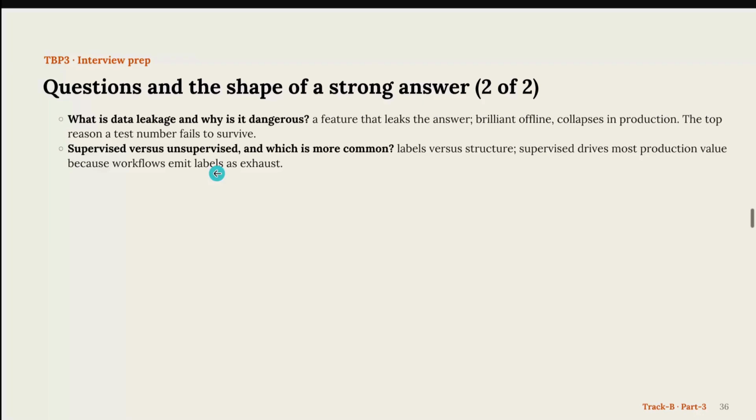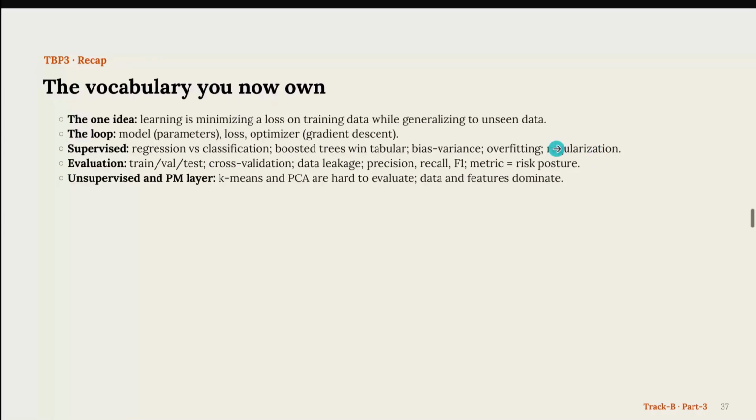Supervised learning, we looked at regression versus classification, and boosted trees, where they win on tabular data. We looked at bias-variance trade-offs, overfitting and regularization. Why is regularization important? Because if you don't regularize, it will overfit. Overfit means it will fail in production.